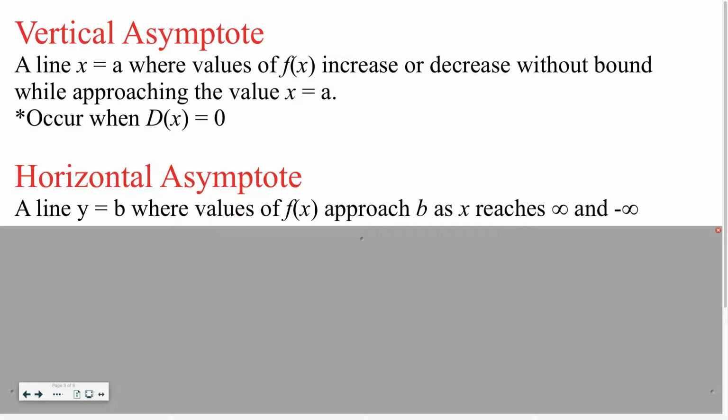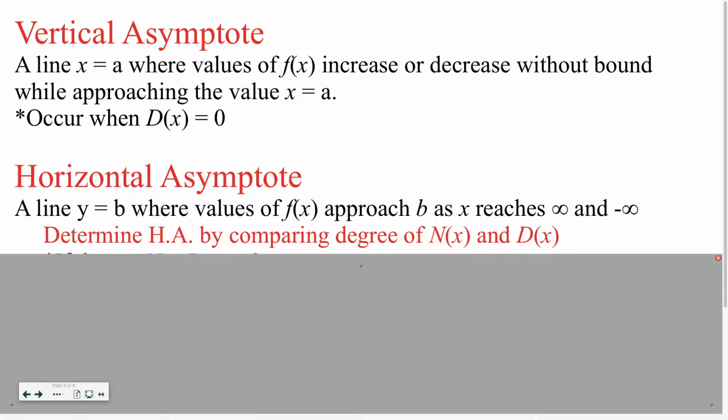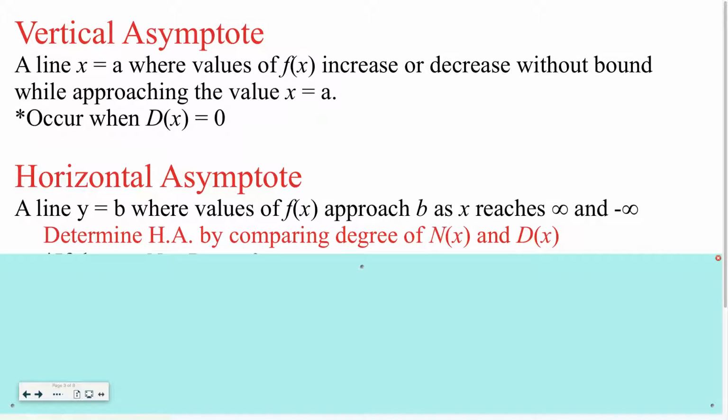Okay? There are 3 rules for horizontal asymptotes. There are 3 different situations that can happen. And they're all based on the degrees of the numerator and denominator. Okay.